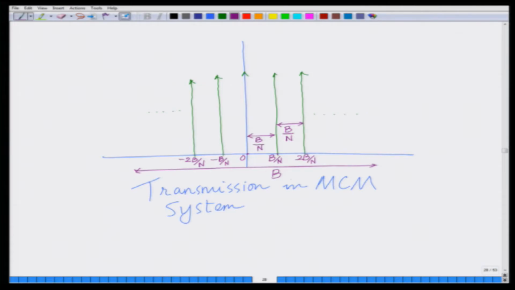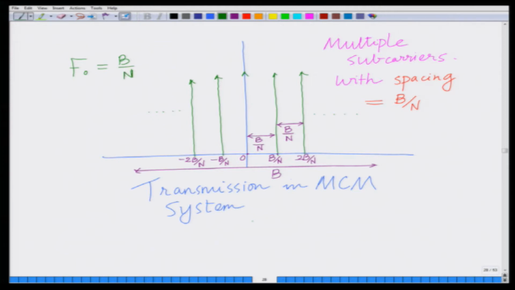So, we have multiple sub carriers with subcarrier spacing, remember, equal to B by N. If I call F naught the fundamental frequency, let us denote F naught equals B by N.